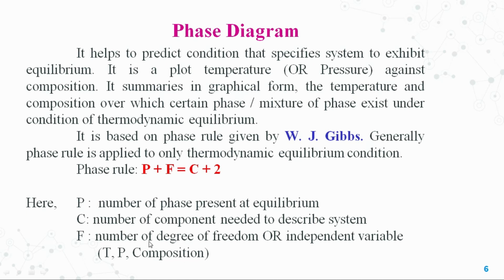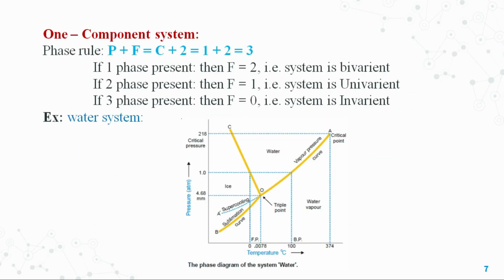C is the number of components needed to describe a system, the smallest number of independent variable constituents by means of which the composition of each phase can be expressed. And F stands for degrees of freedom, or independent variables like temperature, pressure, composition, which specify to define the system completely. Let us discuss the one component system.